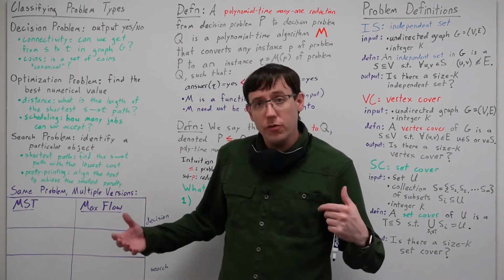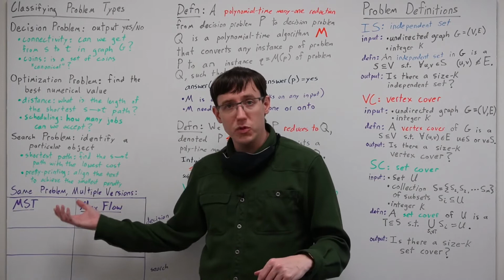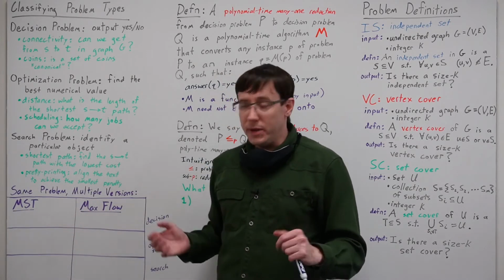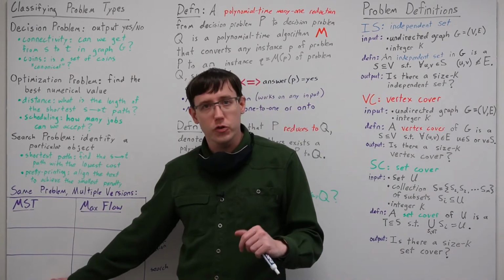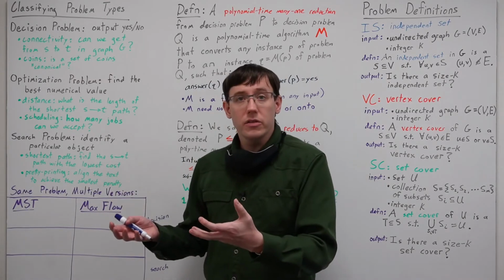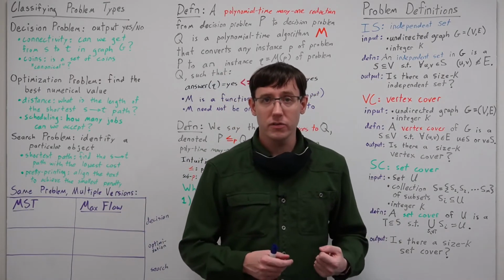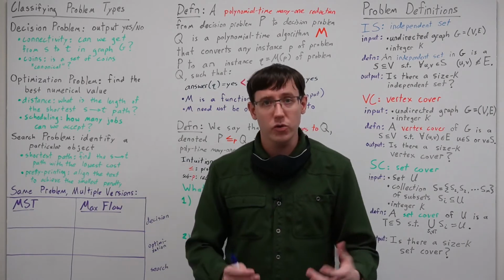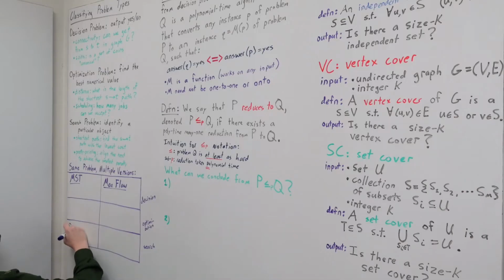Our standard formulation of the minimum spanning tree problem would be classified as a search problem, where our goal is to produce the collection of edges that is a spanning tree with minimal weight.